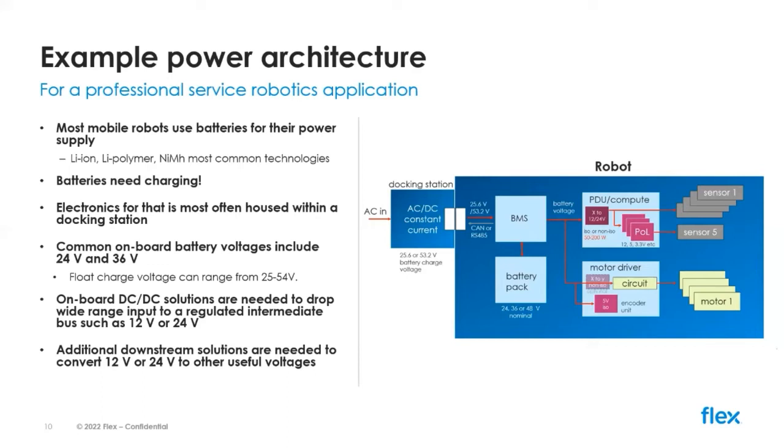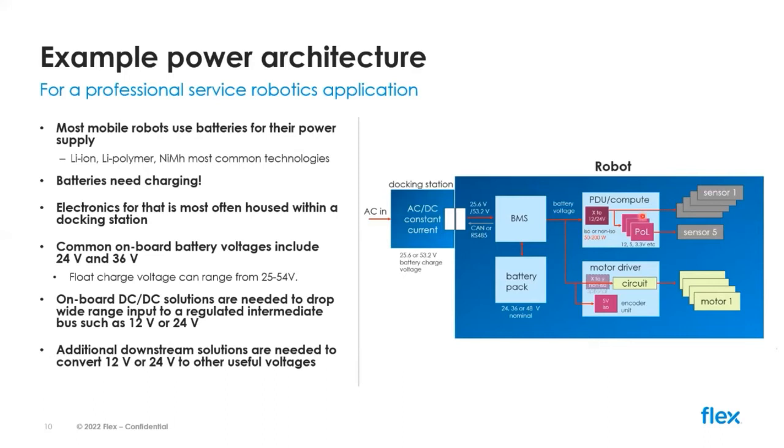The reason is that 24 volts can be used directly to power things like the motors, and also some of the sensors. Many of the sensors these days are 24 volt operating. But typically there would be a need in this area for an intermediate bus converter. Depending on the size of the robot itself, we've seen applications needing from around 30 or 50 watts, ranging up to around 200 watts or so.